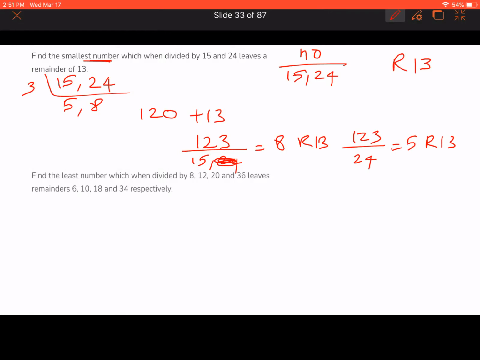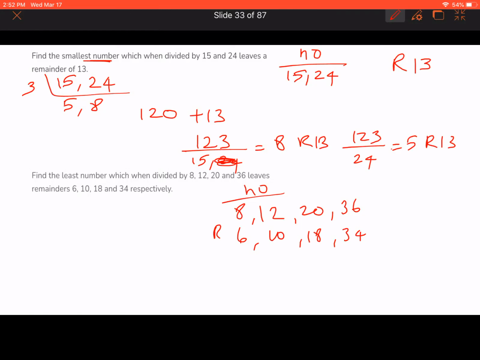Okay. Next, find the least number which when divided by 8, 12, 20, 36 leaves a remainder of 6, 10, 18, 34. Let's first see what is the difference between the problem above and this.